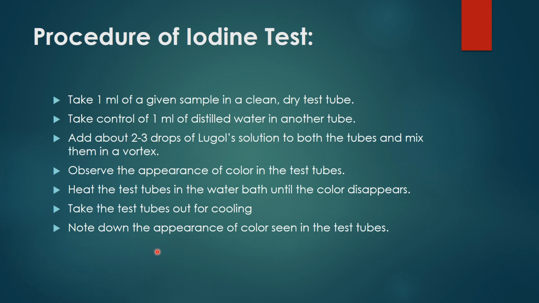So the color will appear again on cooling. Okay, so you must note down which color will appear. It depends on the type of polysaccharide, if it's starch or glycogen or even dextrin and so on. But cellulose will give a negative result, so no color will appear.